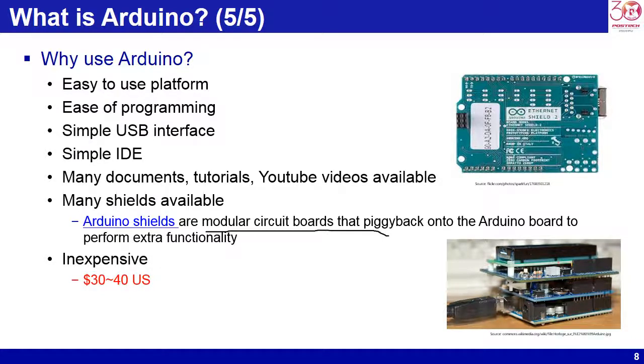Let's not forget that the price is very cheap. An Arduino board is somewhere between $30 to $40 each. I think most people should be able to afford this. And the price compared to performance is very good. Therefore, it is most widely used around the world.